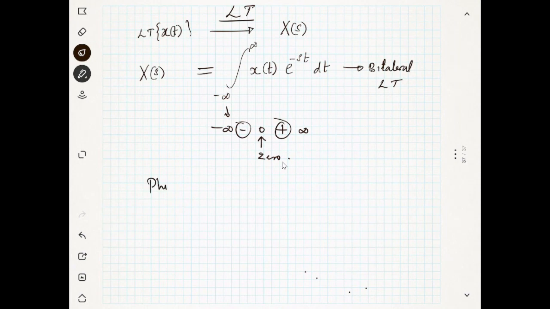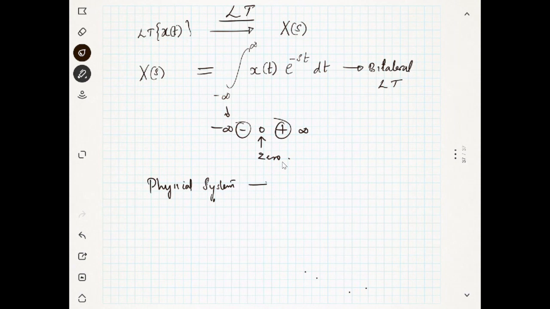But you know that for a physical system, a real-time system, you might have heard about the causal system. Have you heard about this causal system in your digital signal processing class? Yes, causal.